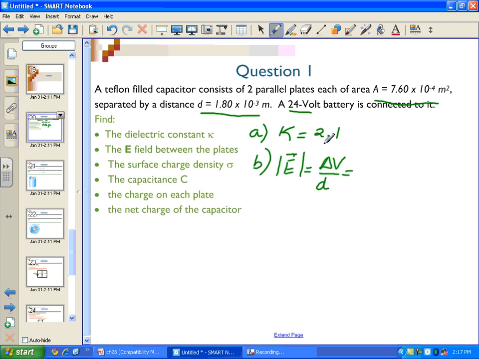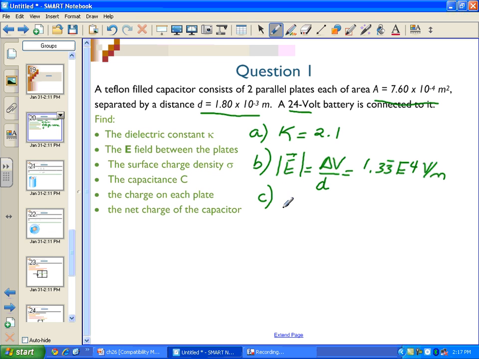Well, 24 volts divided by 1.8 e to the minus 3 meters gives a value of 1.33, and of course the 3 repeats infinitely, e to the 4 volts per meter. So, provided that I entered my numbers correctly, the magnitude of the electric field is 1.33 e to the 4 volts per meter.